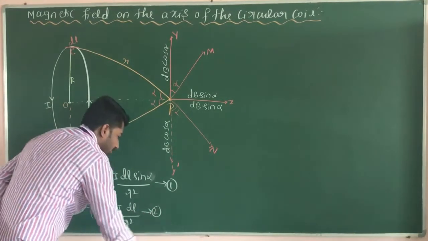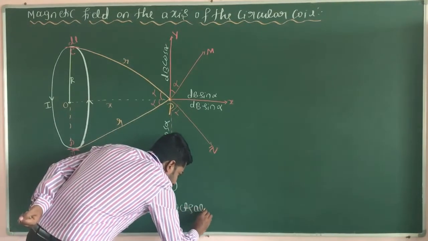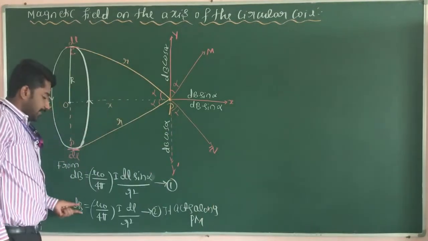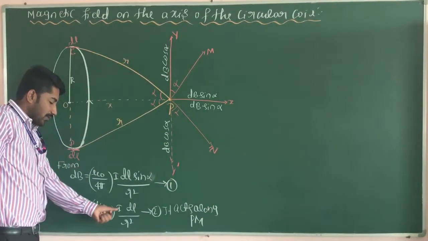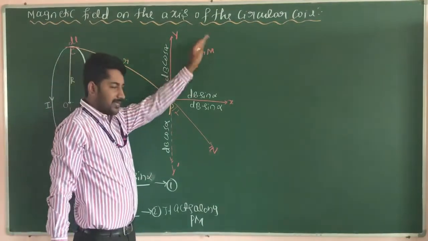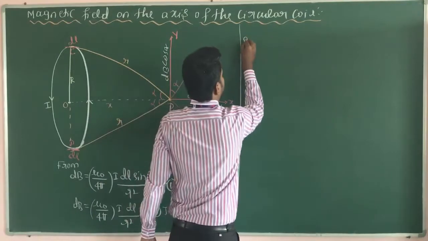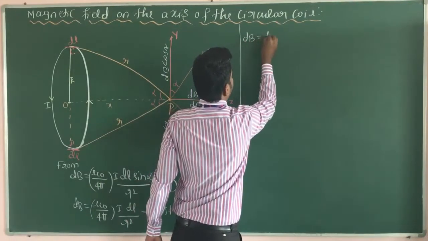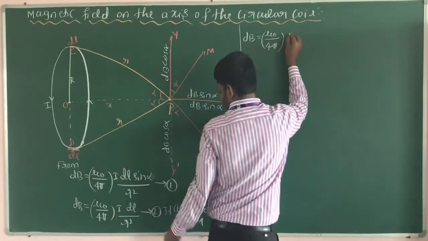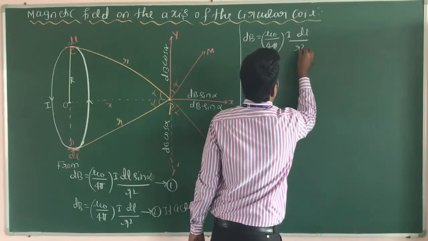This is equation number 2, and it acts along PM. dB is equal to mu naught divided by 4 pi I into dl divided by r square. Similarly, I write this equation as dB is equal to mu naught divided by 4 pi into I into dl divided by r square.